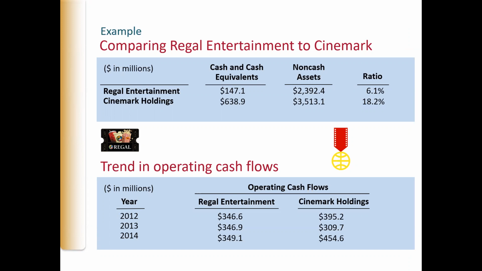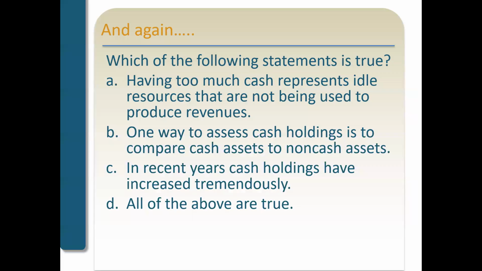Now, comparing cash to non-cash, the ratio of cash to non-cash from Regal Entertainment is 6.1%, and Cinemark is 18.2%. Which of the following is true?